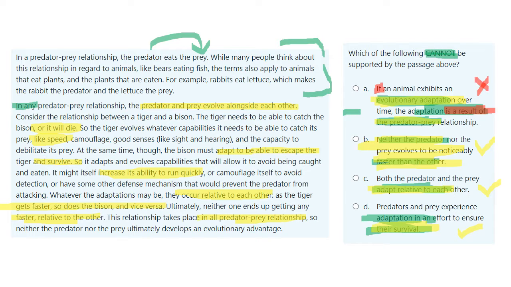That's not proven. There are other things that can make an animal change. Mutation, for example, can be a change. So A is not proven. B, C, and D are all directly proven by the second paragraph. A is too strong, too broad to be proven.